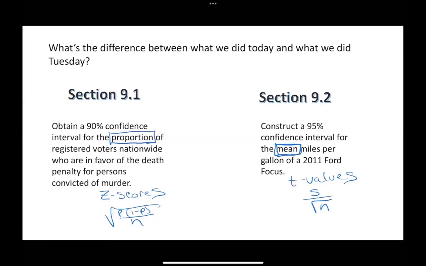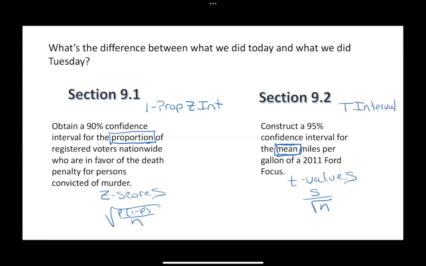Would you also mention which calculator functions are associated with each? I want to say the Z one, I frequently say it slightly off, so I'm going to go down to it. It's 1-PropZInt. And then this one is just TInterval.